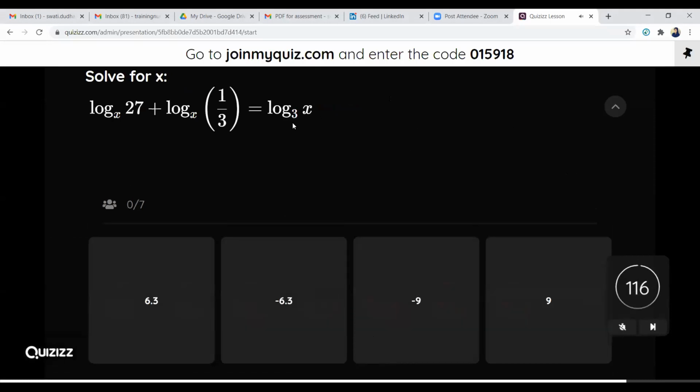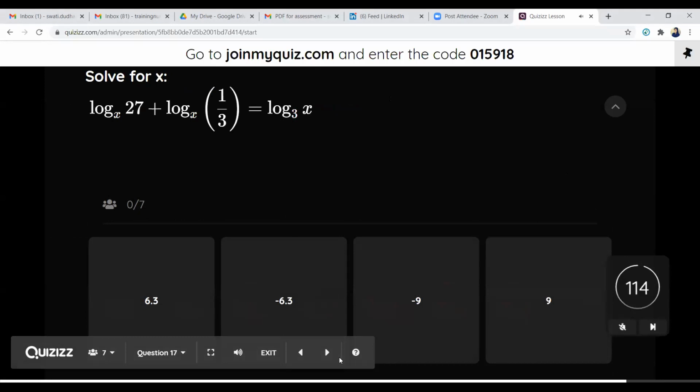Solve for x. Seconds. We just have 2 more questions after this.